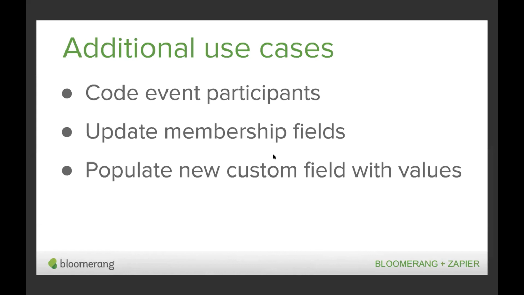You could write all membership transactions to a Google Sheet and then use that Google Sheet to update the constituent's membership expiration date in a custom field on their profile. And then one of my favorites is that you could populate values in a new constituent custom field for all or a segment of your constituents in Bloomerang.